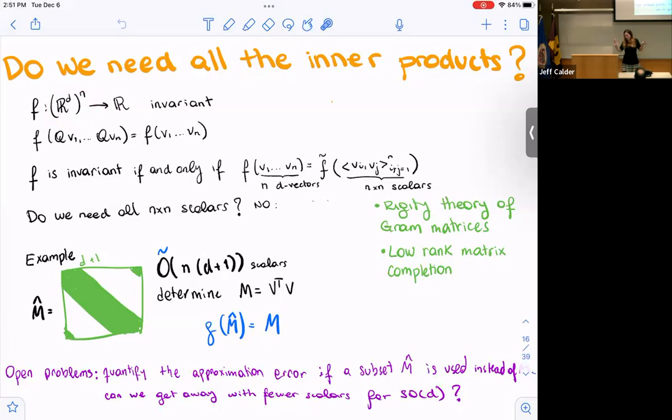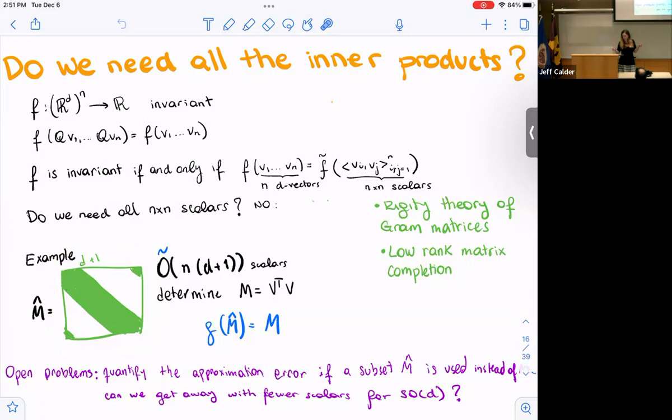I don't know, that depends on you, but something you can use is the connection with the low-rank matrix completion literature, which tells you that if you have a matrix of inner products like this, and you only observe the entries in green, then with high probability you can reconstruct the entire matrix using convex optimization.